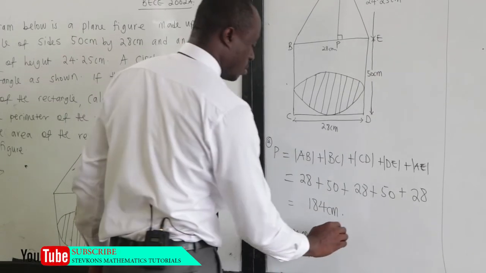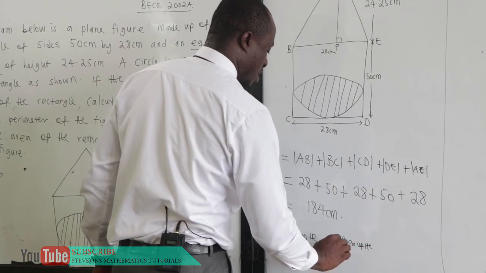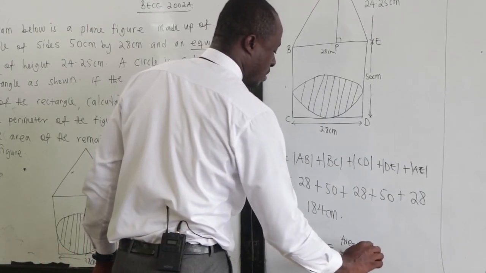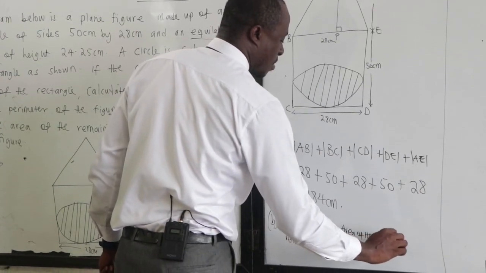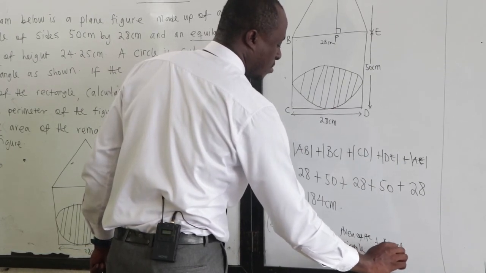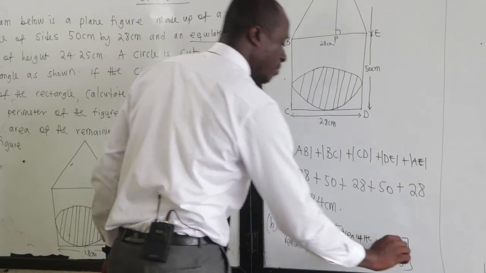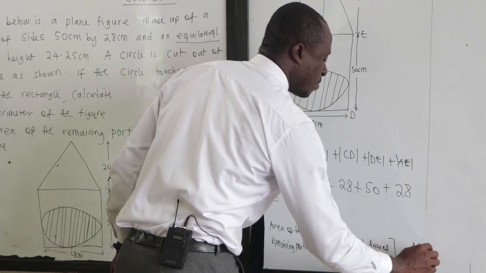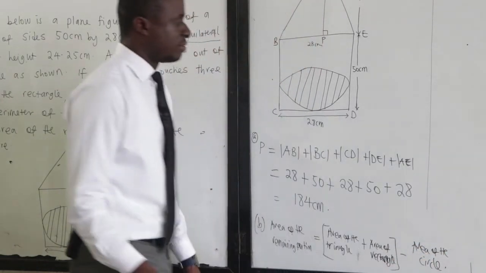So the area of the remaining portion is equal to the area of the triangle plus the area of the rectangle minus the area of the circle.